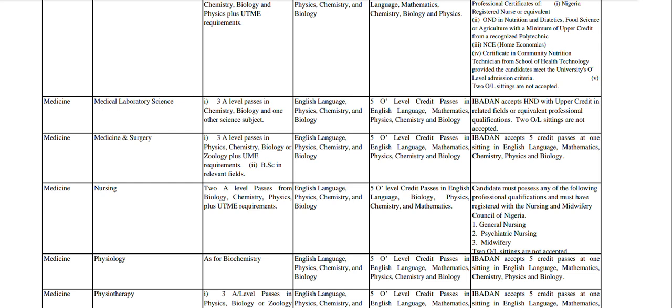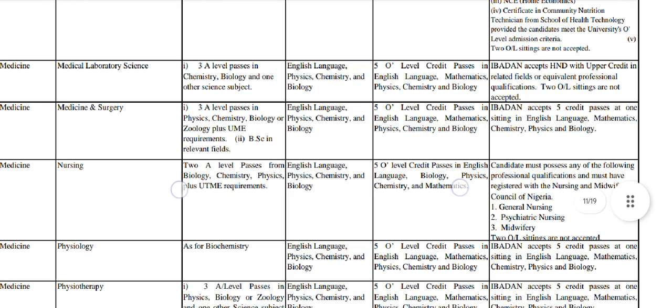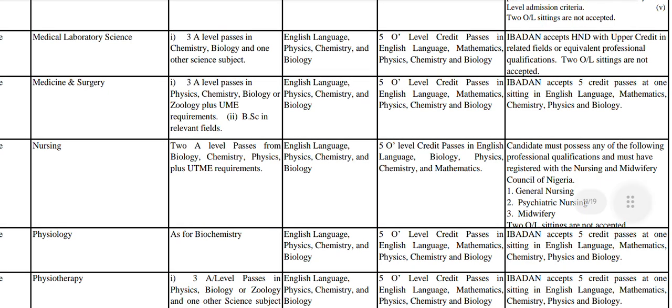So for medicine and surgery people, 3 A-level passes. Remember that some Cambridge requirements we have been looking at only mention like 2 A-level passes, but for medicine and surgery they are looking for 3 A-level passes, and the subjects they need, they have identified.